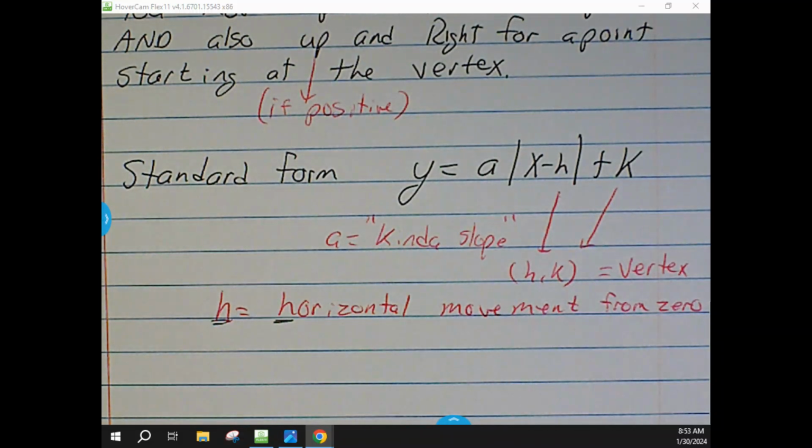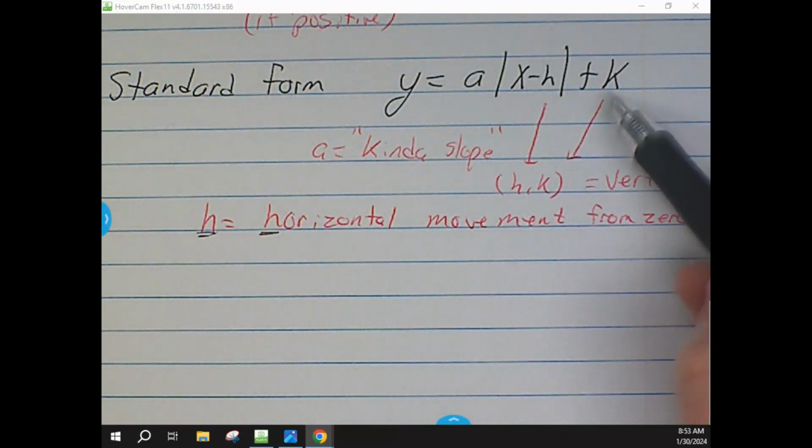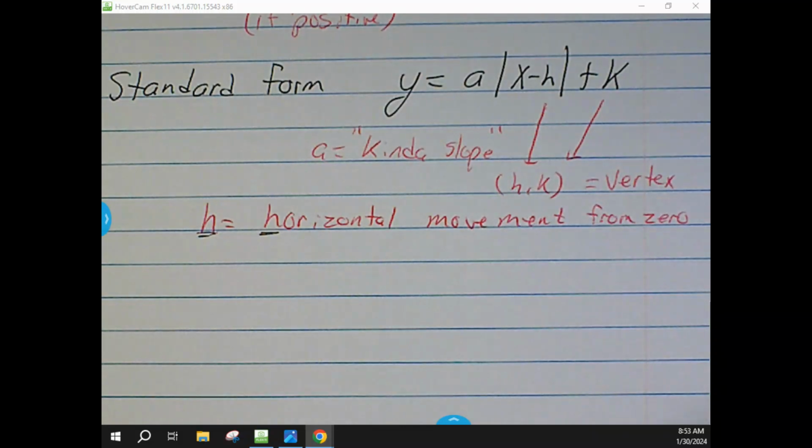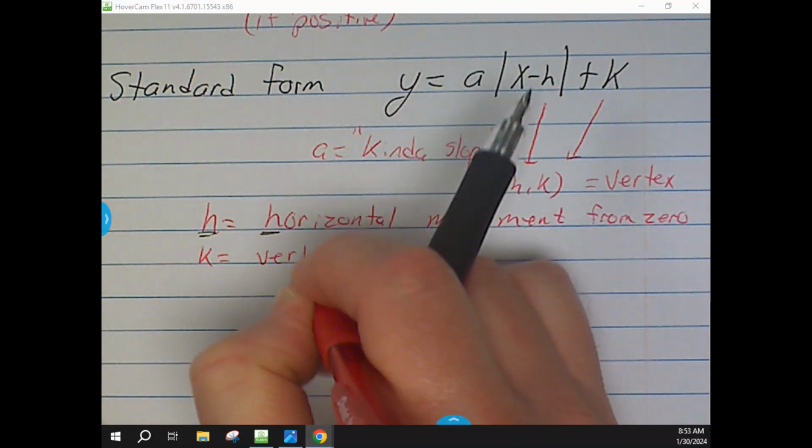It would have made perfect sense if they had called this k a v, because v would be your vertical movement. If h is your horizontal movement, it should be h plus v, and then you know v would be your vertical movement. Why it's not v, I don't know. That kind of bothers me, but it's not. So k is your vertical movement.